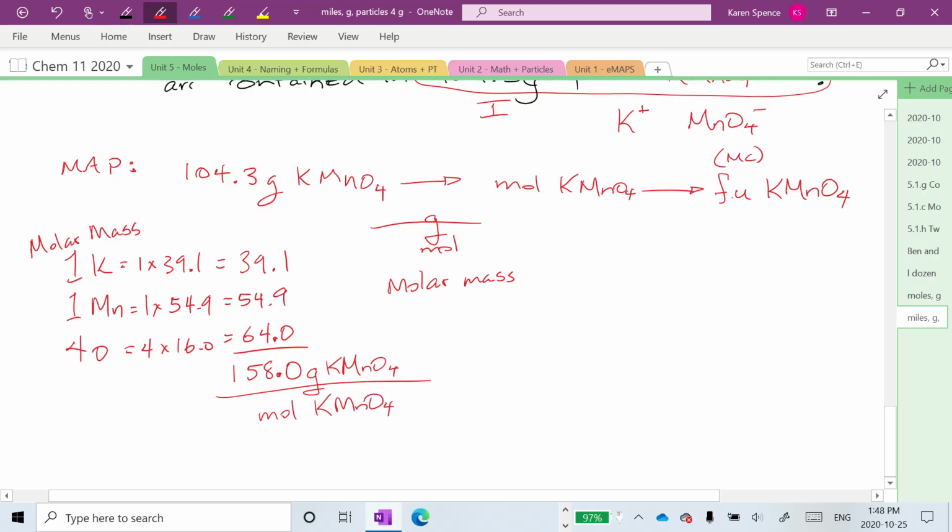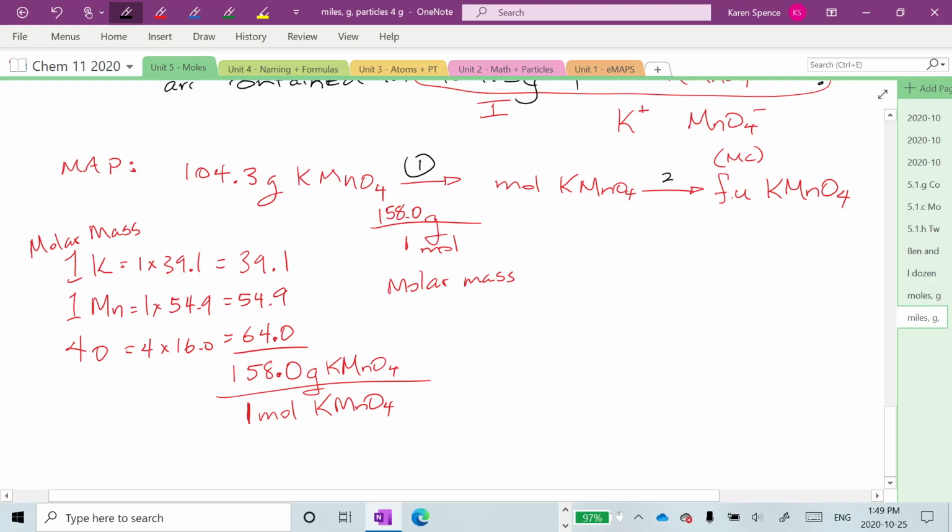That means that the mass of, remember there's a 1 there that we don't always write down, so the mass of 1 mole of KMnO4 is 158.0 grams. So let's write that up here, 158.0 grams per 1 mole. That's going to be what we use to convert in step 1.